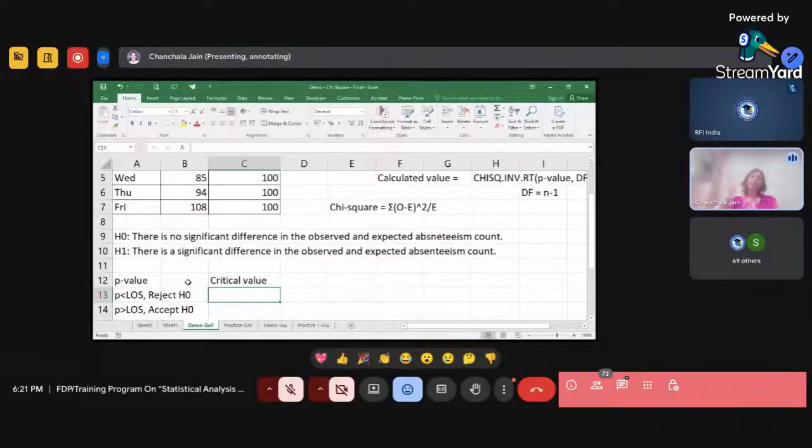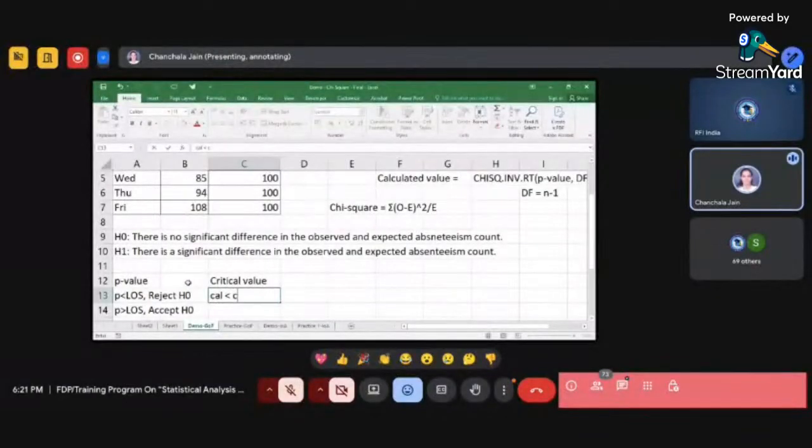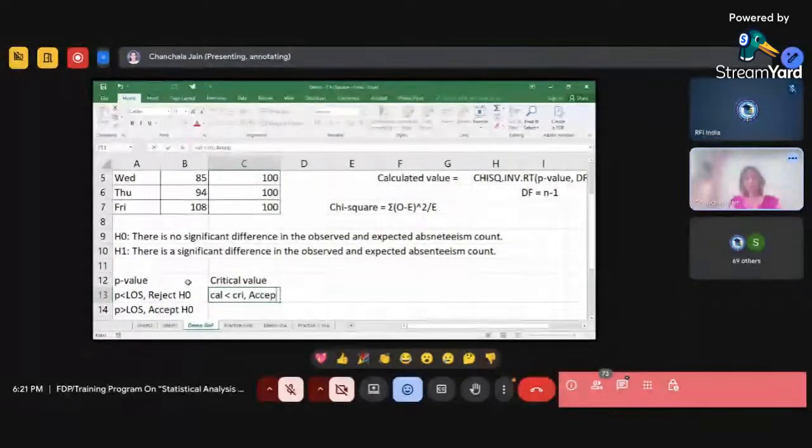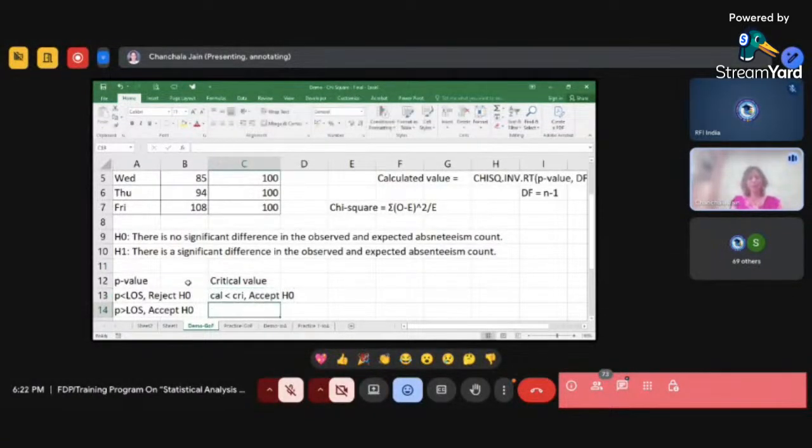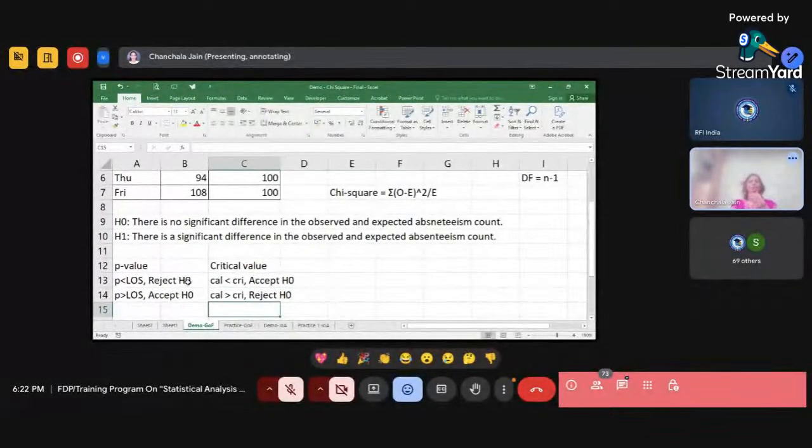So when your calculated value is less than your critical value, you are going to accept the null hypothesis. Opposite to this, when your calculated value is greater than your critical value, you are going to reject the null hypothesis. These are the two approaches.